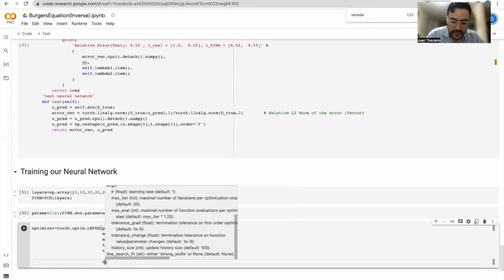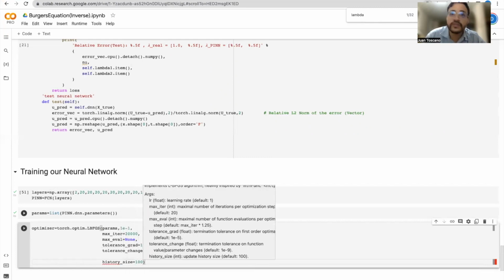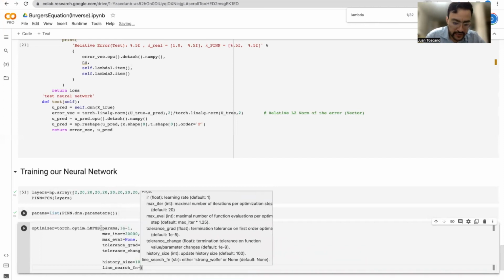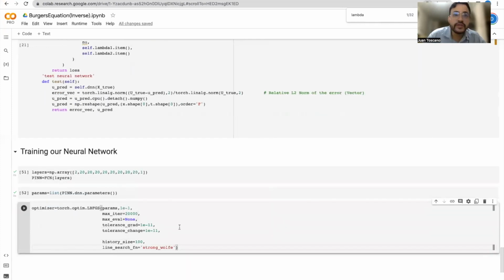The history size, let's give it 100 items. Line search function, let's use this algorithm, which is strong Wolfe. And we're good to go.